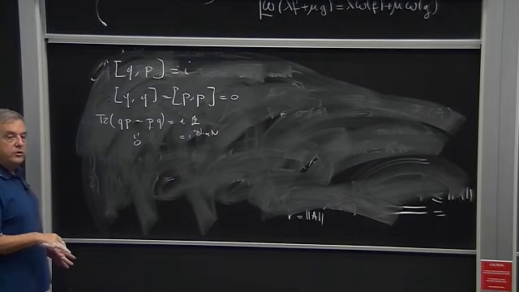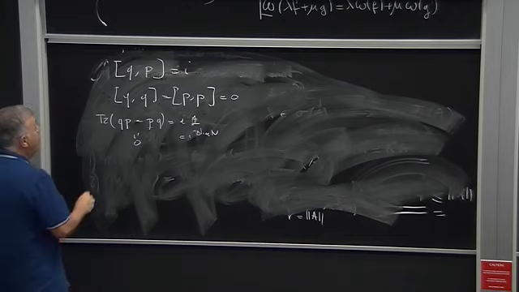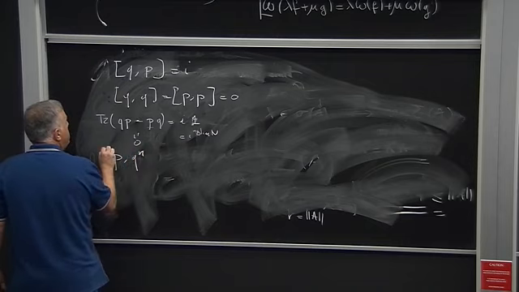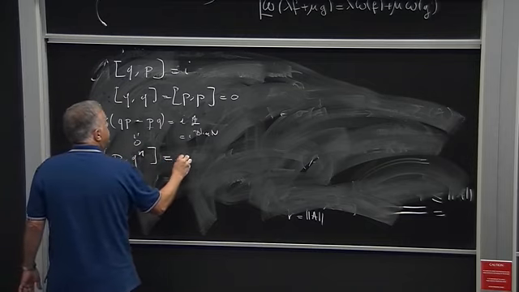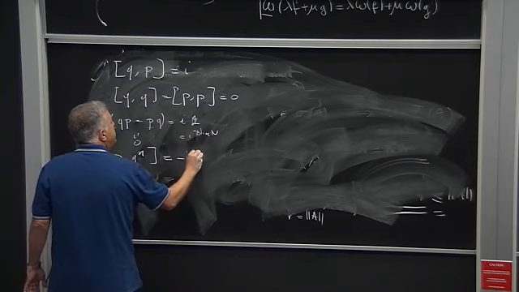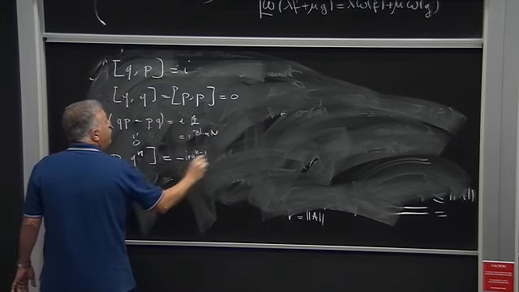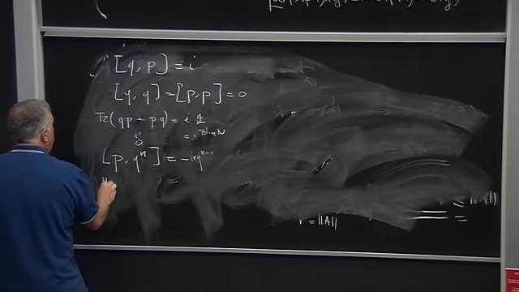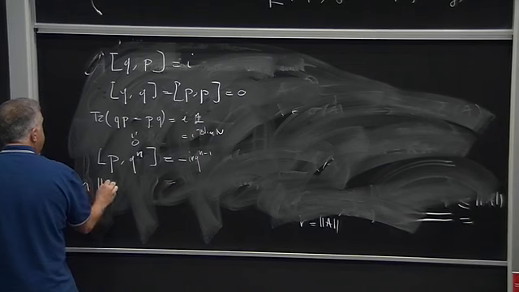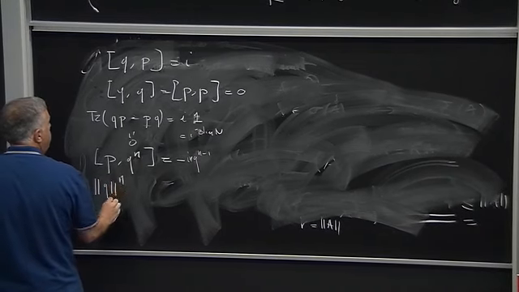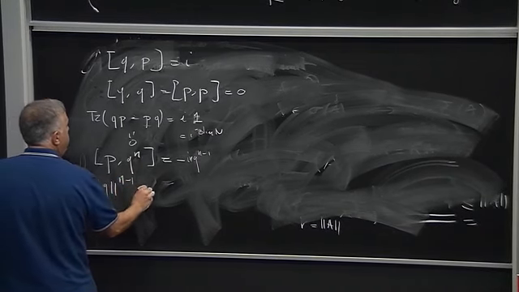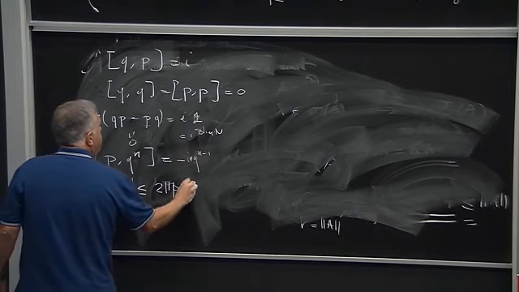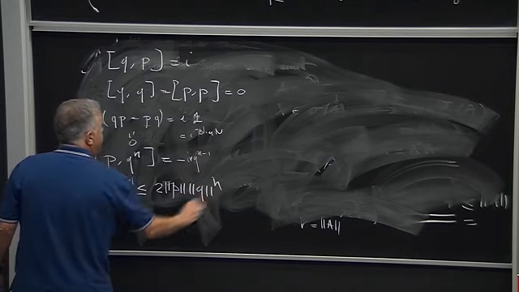They cannot be bounded operators in the Hilbert space. If you compute the commutator of P with Q to the n, this is minus i n Q to the n minus 1. So if you compute the norms here, you get that n times the norm of Q to the n minus 1 is less than or equal to 2 times the norm of P times the norm of Q to the n.